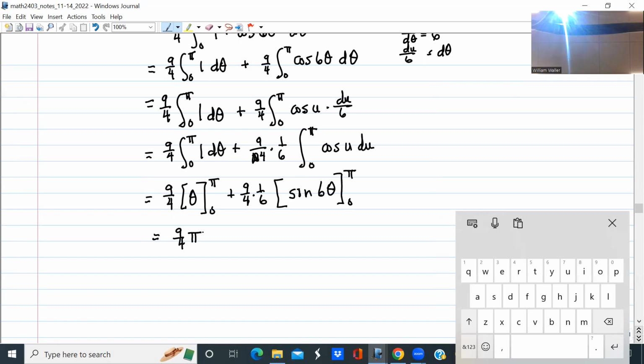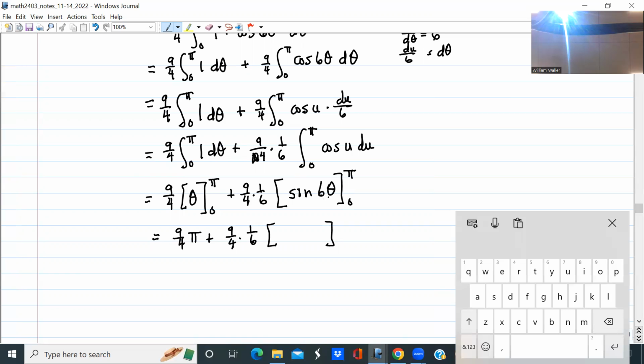So you have 9/4 times pi plus, and then we have the 9/4 times the 1/6 times, what do we get when we plug stuff in here? Yeah, you get sine of 6 pi, which is 0.